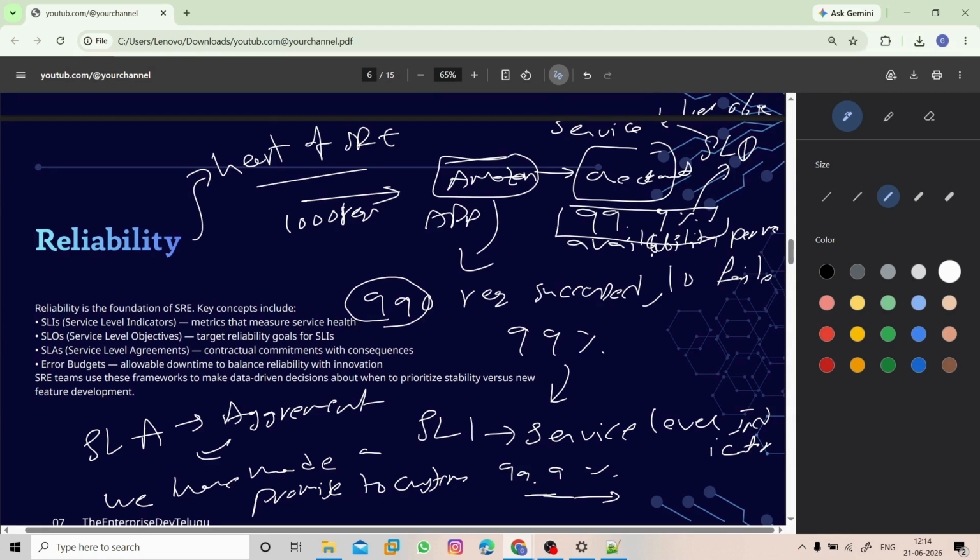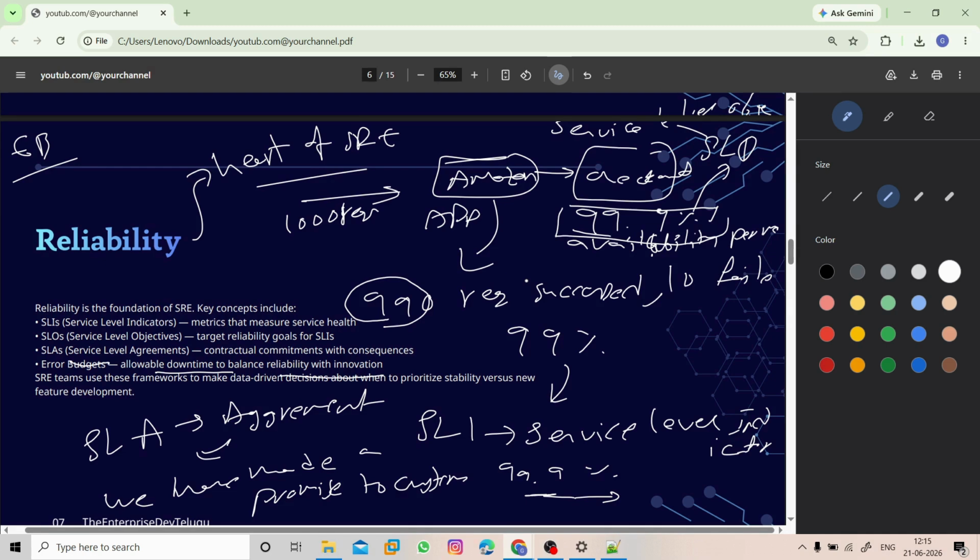And one more thing is there: the error budget. Error budget is the allowable downtime to balance reliability with innovation. Suppose our SLO is 99.9% availability every month, right?